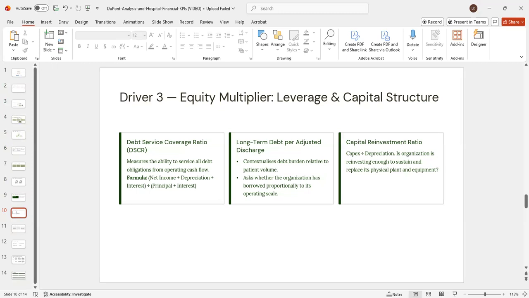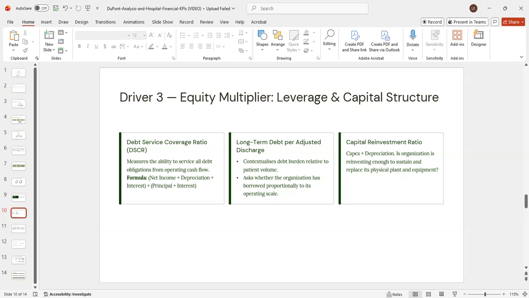And finally, we look at the capital investment ratio. It is not directly tied to the capital structure the way the other two metrics are, but what the reinvestment ratio looks to do is figure out if the organization is investing or reinvesting enough in relation to the aging, depreciating assets or equipment.